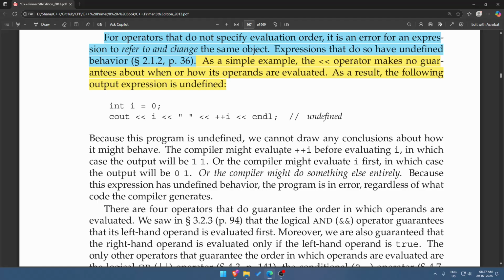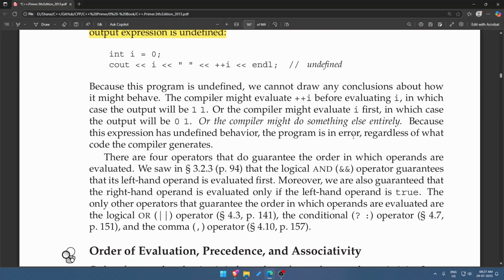The compiler might evaluate ++i before evaluating i, in which case the output will be 1 1. Or the compiler might evaluate i first, in which case the output will be 0 1, or the compiler might do something else entirely because this expression has undefined behavior. The program is an error regardless of what code the compiler generates.